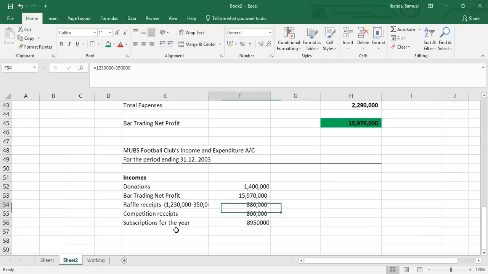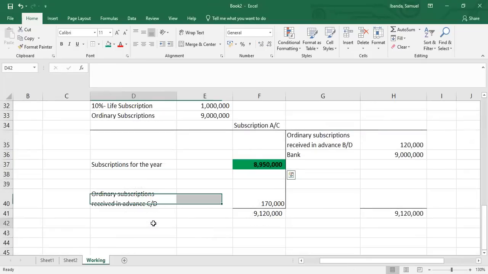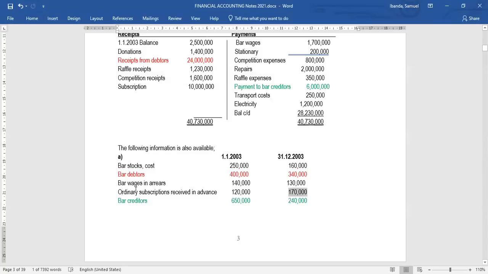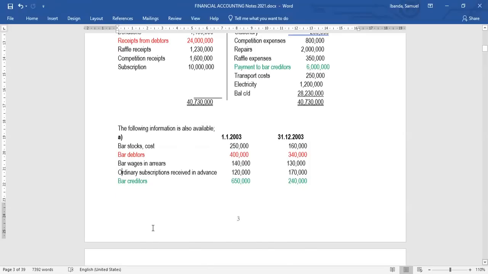So you have to know how to draw up those T accounts. I think you've seen that they are very important, okay? Now, in addition to that, remember they talked of the life subscription component, where they say that part of this were life subscriptions, and then down here, there's a comment they put.